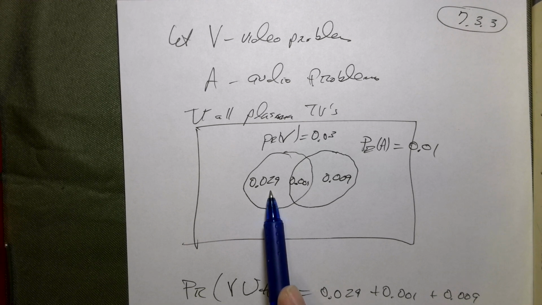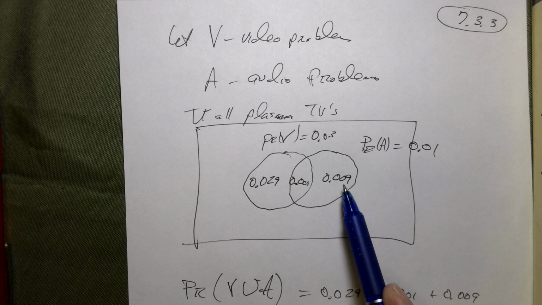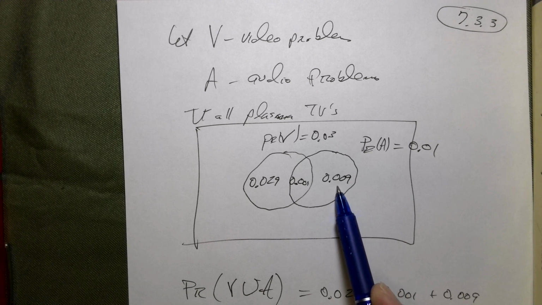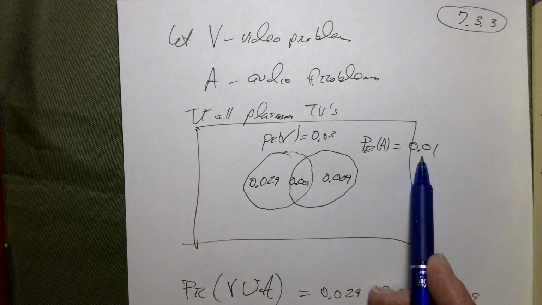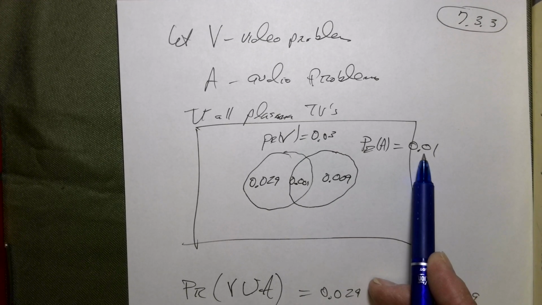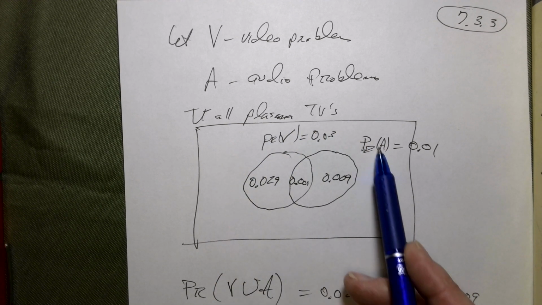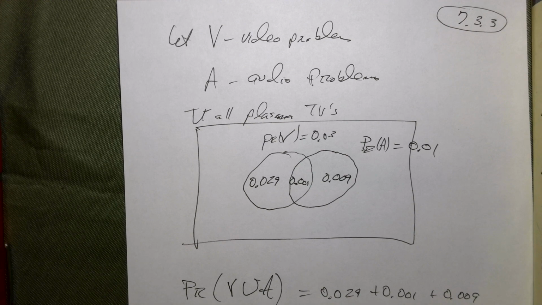0.029. Also, the ones with the audio problems were this set right here. We're told that was 1%. So you have to take the 0.1% and subtract it from this one, in which case you could figure out how many don't have problems.